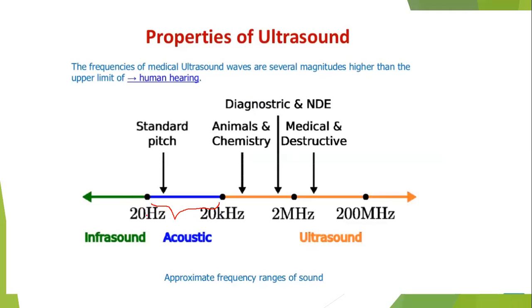Around 20 hertz, we have our acoustic range. Okay, and we were talking about ultrasound. We're talking about megahertz. Okay, so we cannot actually hear ultrasound waves because of, in Spanish it would be longitud de onda, right?